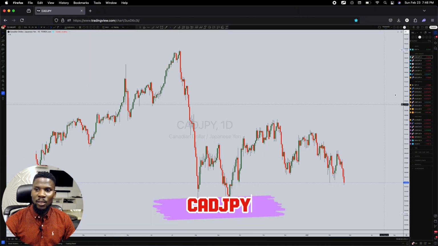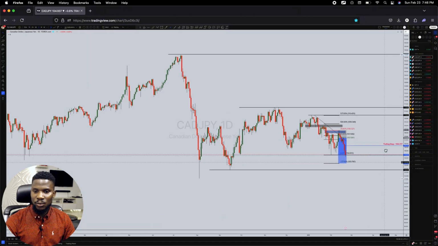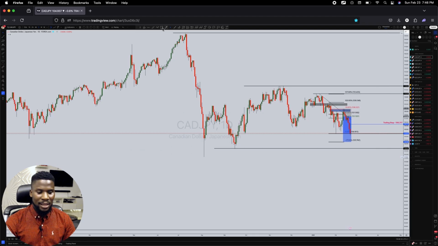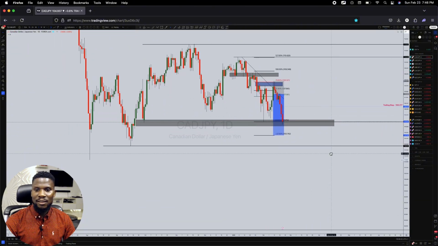CAD JPY. I still want to take some short, some sell trades on CAD JPY, possibly after I get to see a nice and decent break below this region. If CAD JPY finally breaks below this region right here. Don't forget, this is one of the pairs that is popping up on the Edge Finder top setup.